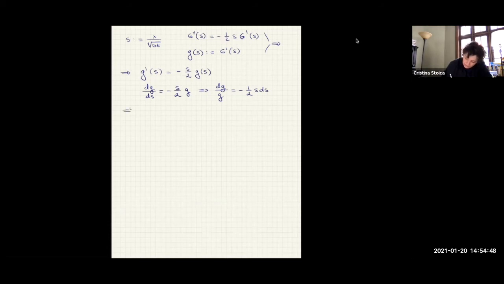Again, I'm going to let you integrate, so you put the integral sign here. Please check your intro ODE course or the last lectures in Calculus 1. So you end up with G of s equals C1 e to the minus s squared over 4.